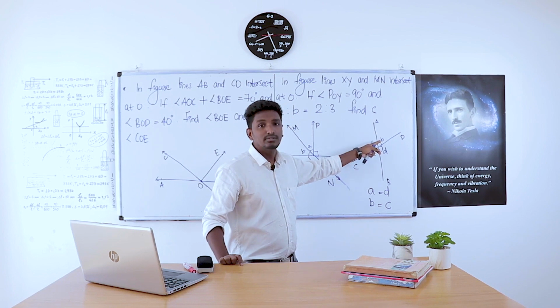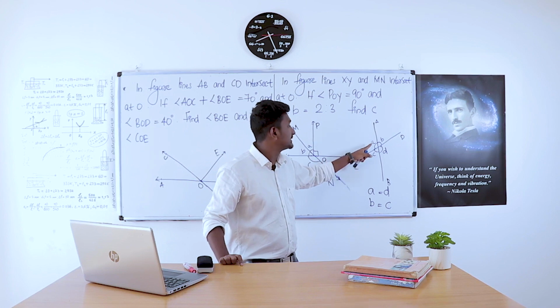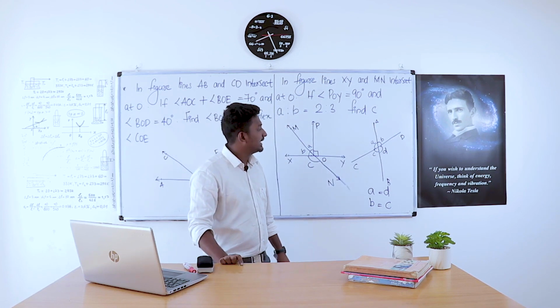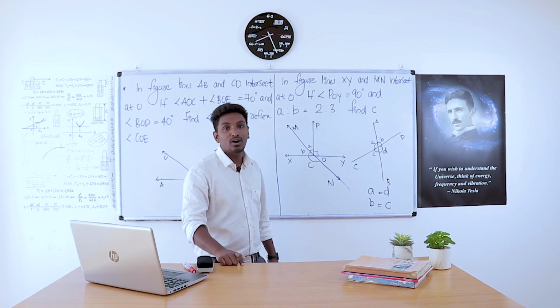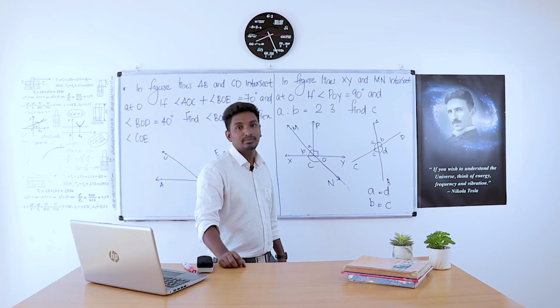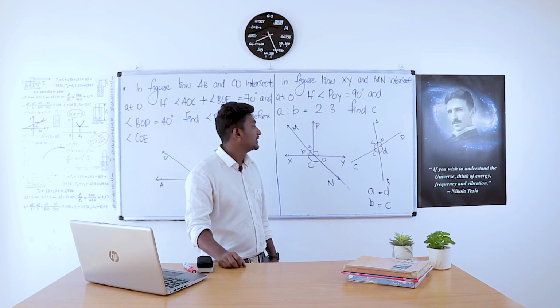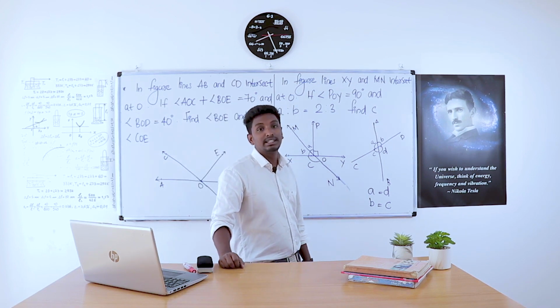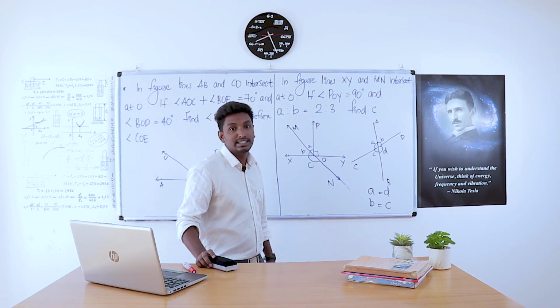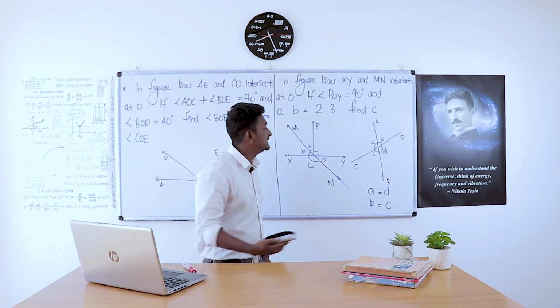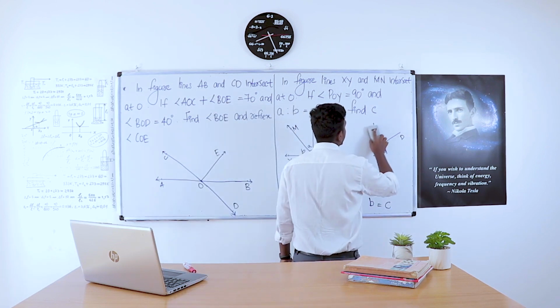Then we get four angles, which I write as small letters A, B, C and D. A and D are vertically opposite angles, therefore A is equal to D. B and C are vertically opposite angles, therefore B is equal to C. Clear? This is theorem number 1.